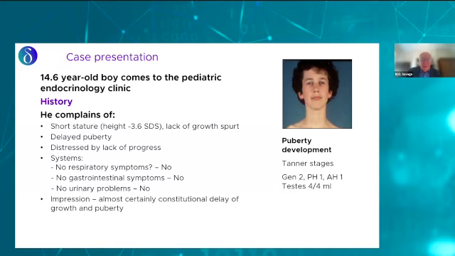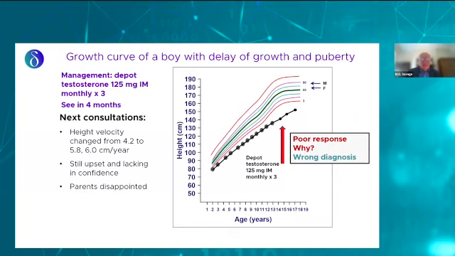Well, if that diagnosis was made, he would be given testosterone, maybe monthly for 3 months, and then seen again to look at his response. At his next consultation, his growth velocity had hardly increased at all, and he was still upset and lacking in confidence.